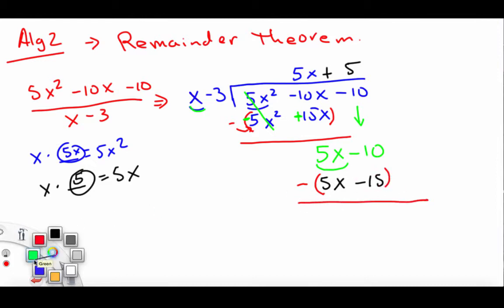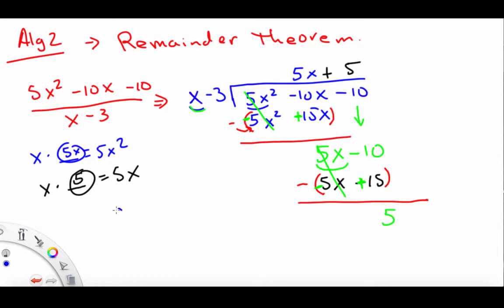Negative times 5x is negative 5x. Negative times negative 15 is positive 15. So let's do the math here. Negative 10 plus 15 gives me 5, and 5x minus 5x cancels out. So now we have our answer, a remainder. We need to put it into our remainder theorem expression.